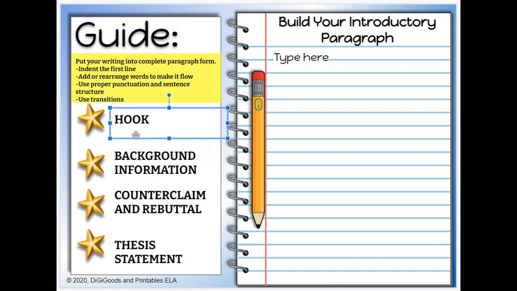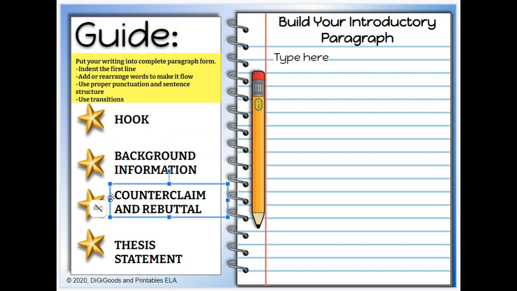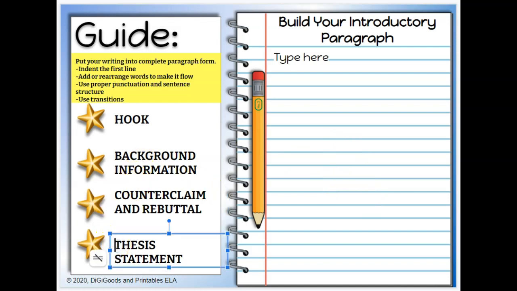You're going to get your hook and you're going to get your background information. You'll need to gather your counterclaim and rebuttal and bring it into this paragraph, unless of course you're not putting it in this paragraph. And lastly, you will need to collect your thesis statement and place it here as well.